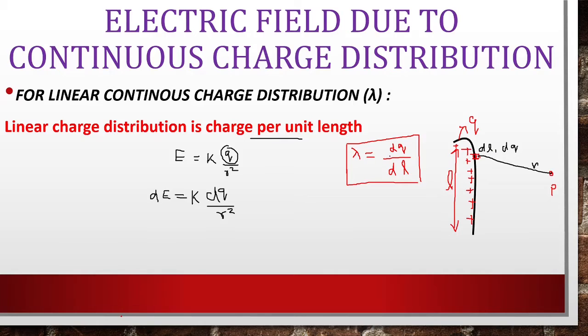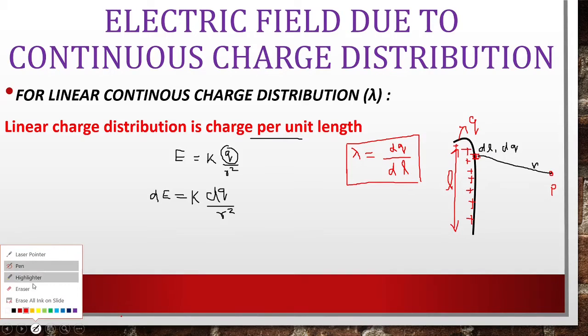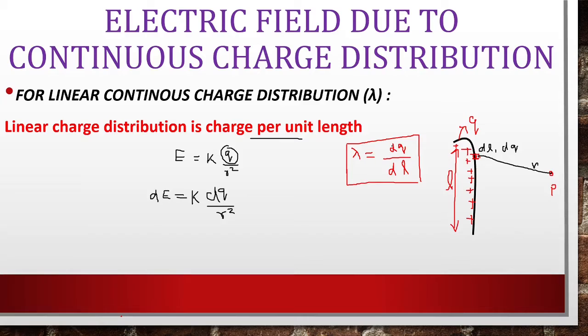Okay. Now from this equation we can write the expression for dQ, right? dQ is equal to lambda dl. I think everyone understood this. dQ is equal to lambda dl. Now apply this in this equation.